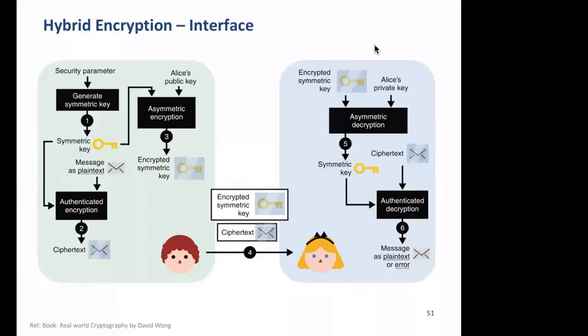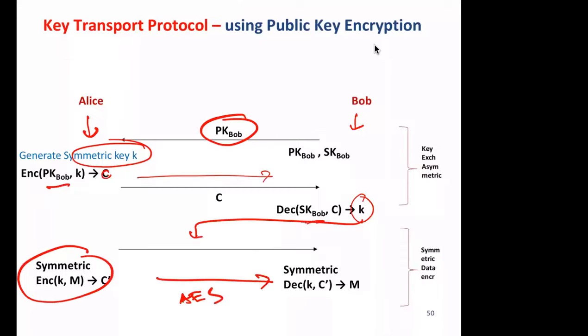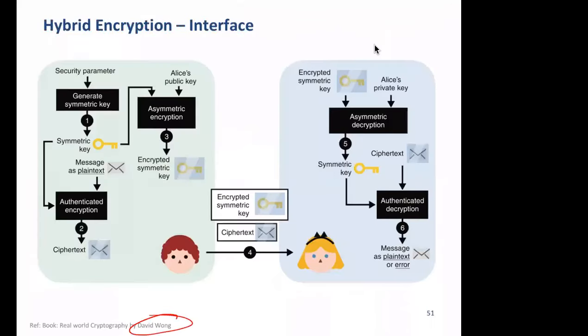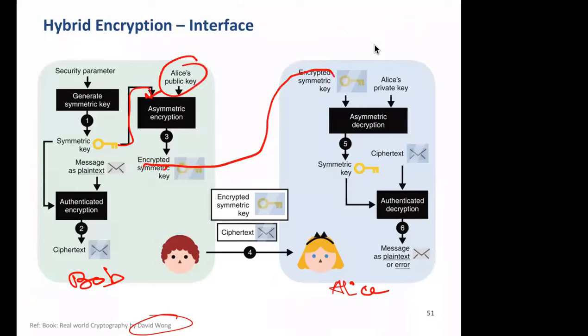Same thing we have depicted here. I have taken this diagram from David Wong's book. You can see that the first step is to generate a symmetric key, where Alice generates the symmetric key K. Then she encrypts the symmetric key using Bob's public key, and Bob can decrypt it using his own private key and get the symmetric key.